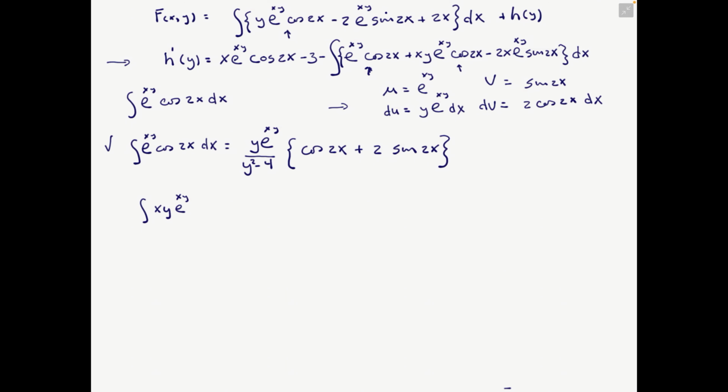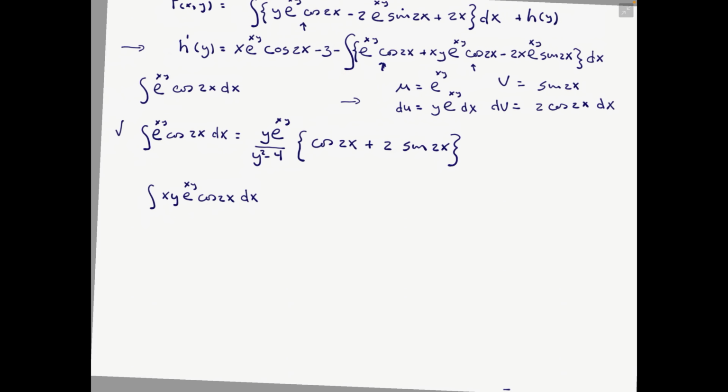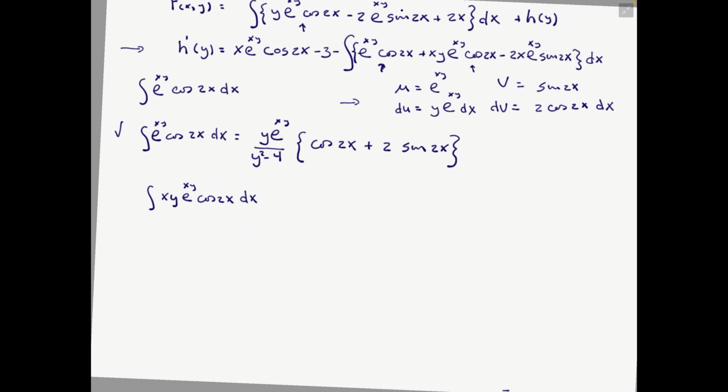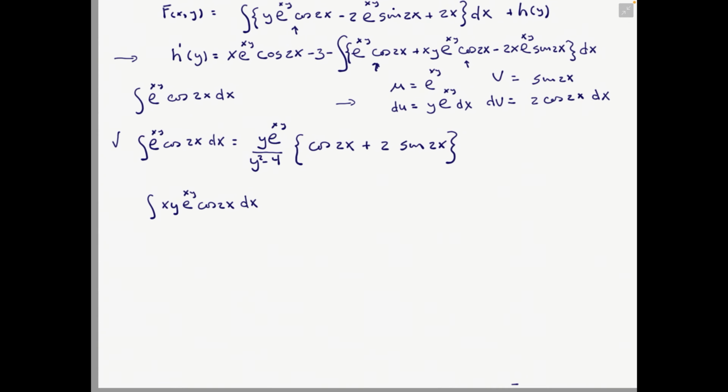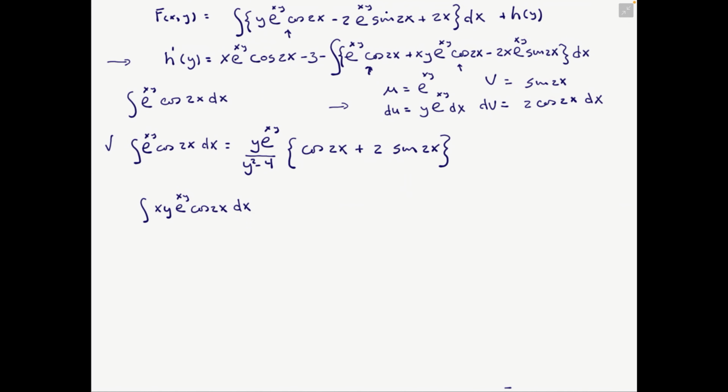Now, the more difficult integration by parts is this integral, the one right here, this middle term. We have the integral of x y e to the xy cosine 2x dx.